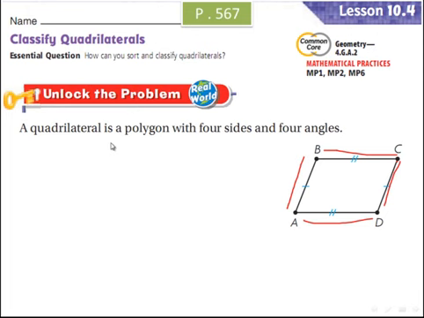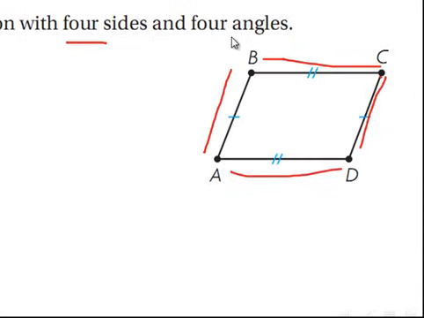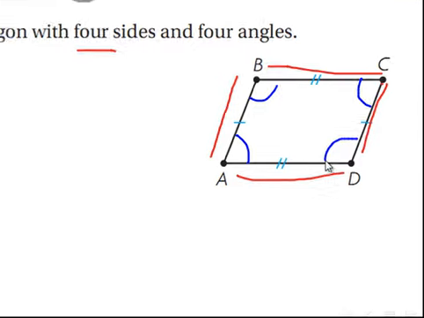There are 4 angles. The first angle is A, the second angle is B, the third angle is C, and the fourth angle is D.